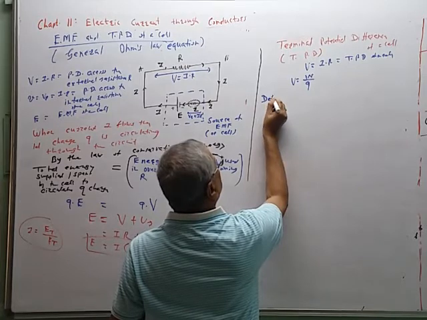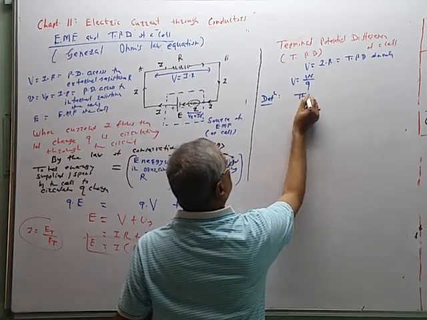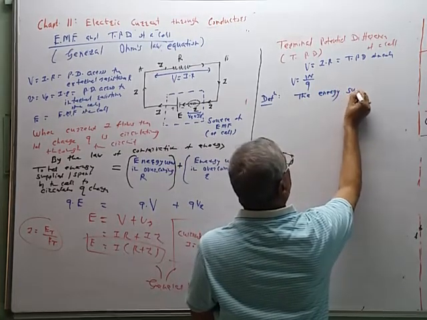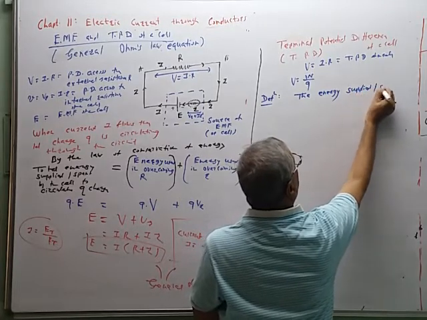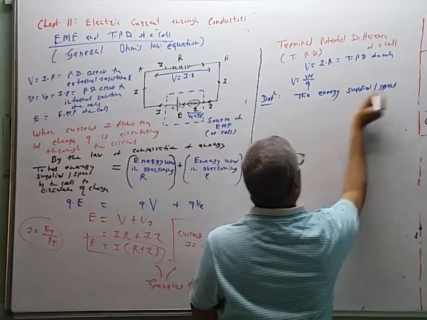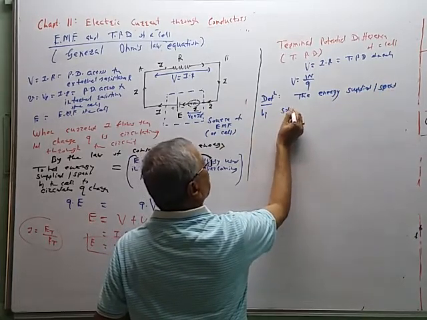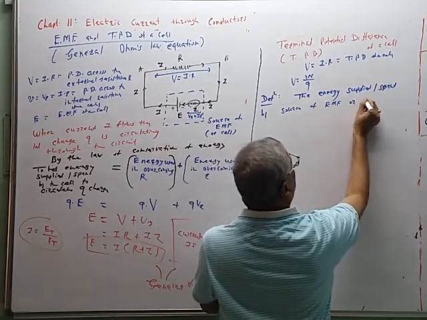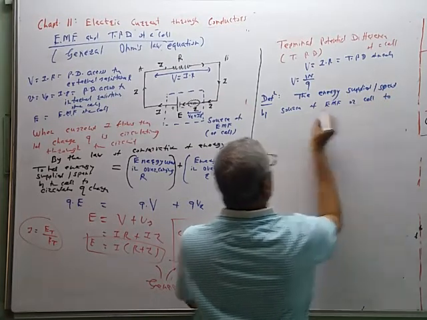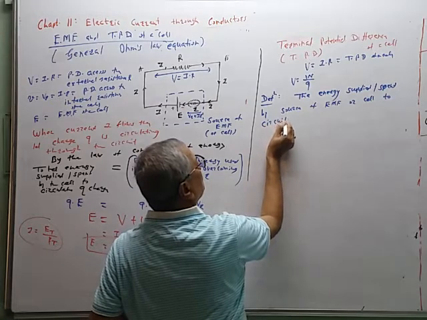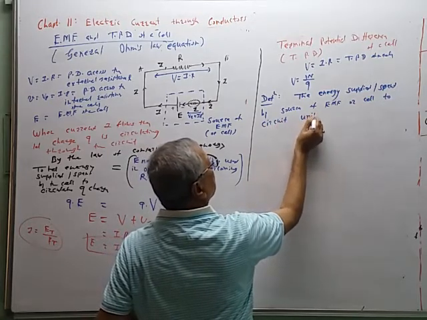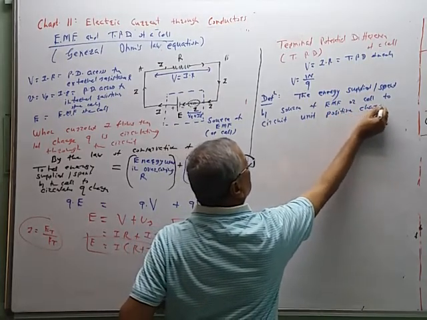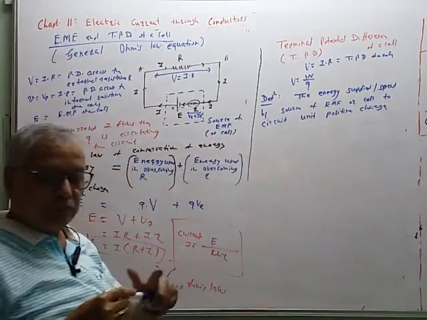Definition: the energy supplied or the energy spent by the source of electricity, the source of EMF or cell, to circulate unit positive charge, to circulate the unit positive charge.